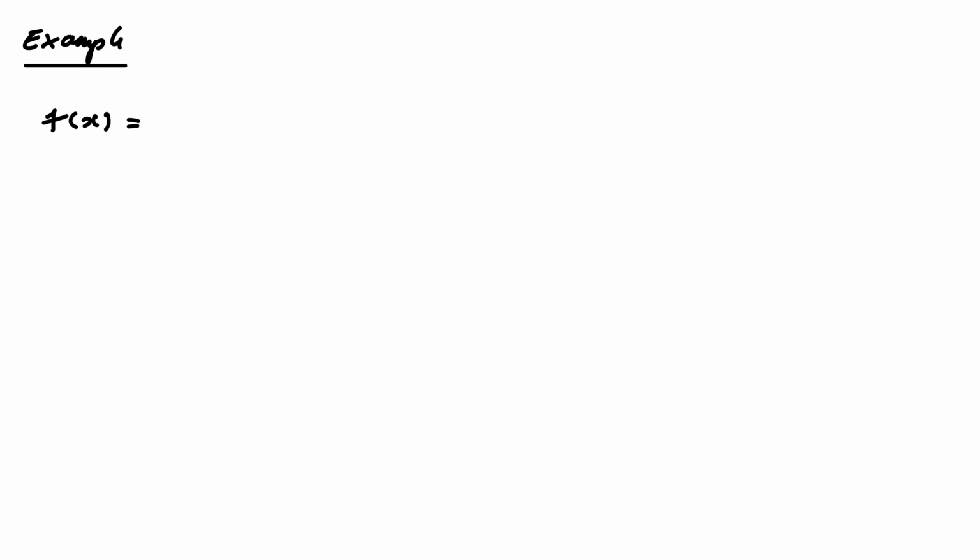Let's do x squared plus 2x plus 1, all divided by x plus 1. Okay, so again, p of x here is equal to x squared plus 2x plus 1, and q of x is equal to x plus 1.